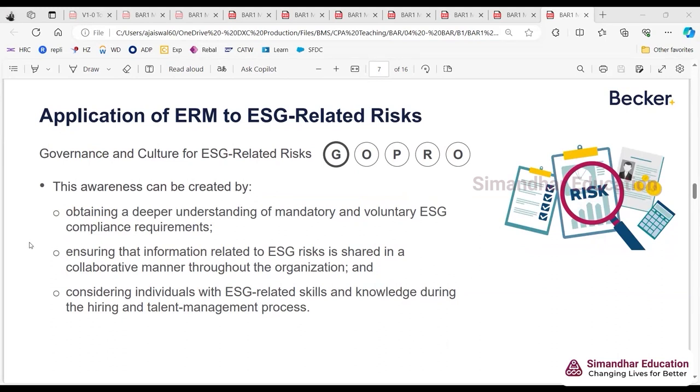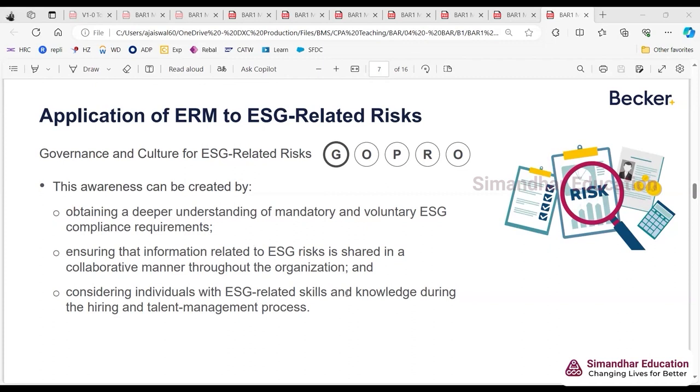Going ahead, of course we have to give trainings to the employees, or set up policies and procedures and distribute them to the employees so that they are aware of the entire culture and entire ESG situation.